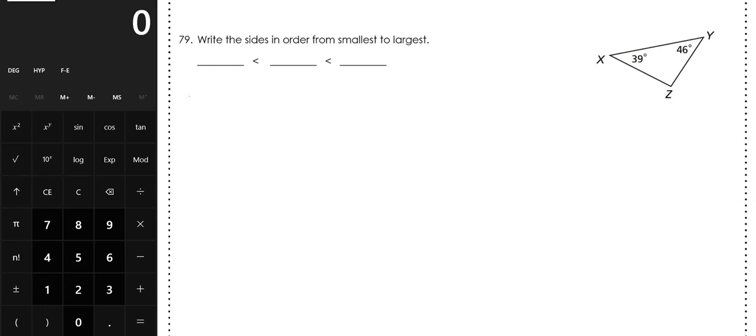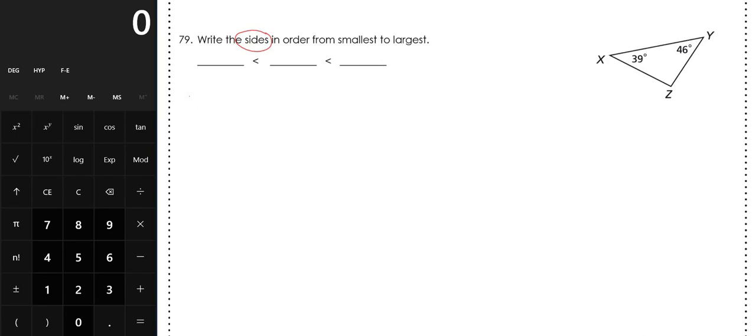Number 79, write the sides in order from smallest to largest. Okay, let's take a look at this triangle in order to order from smallest to largest. Now they're asking us about side lengths. However, we don't have side lengths, we have angles. Now you need to know that the largest side is always across from the largest angle. So what we need to know first is what's the measure of all 3 angles in this triangle.